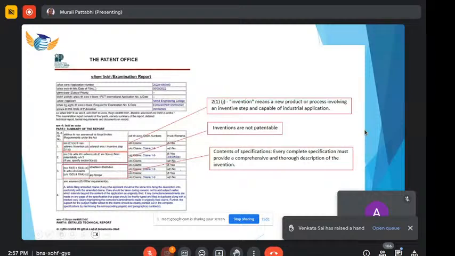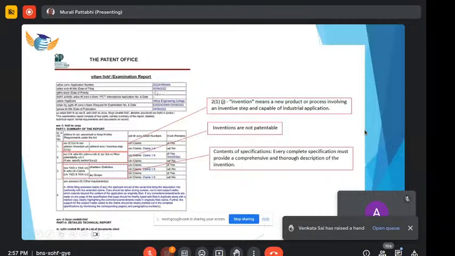If you find here, this is an application number. This is one of our applications, what we filed from our company, and in this case we got a grant. To understand that, let us go into detail about this first examination report. You can find your application number.